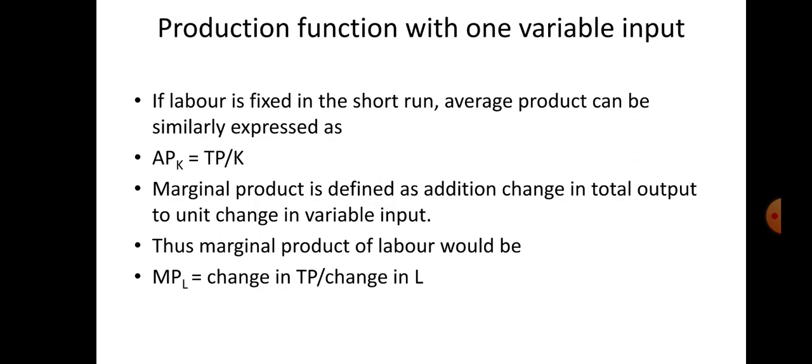If labor is fixed in the short run, average product can be similarly expressed as APK, that is average product with some capital, equal to total product divided by the units of capital used. And marginal product is defined as the additional change in total output per unit change in variable input. Thus the marginal product of labor, MPL, is equal to change in total product divided by change in labor.